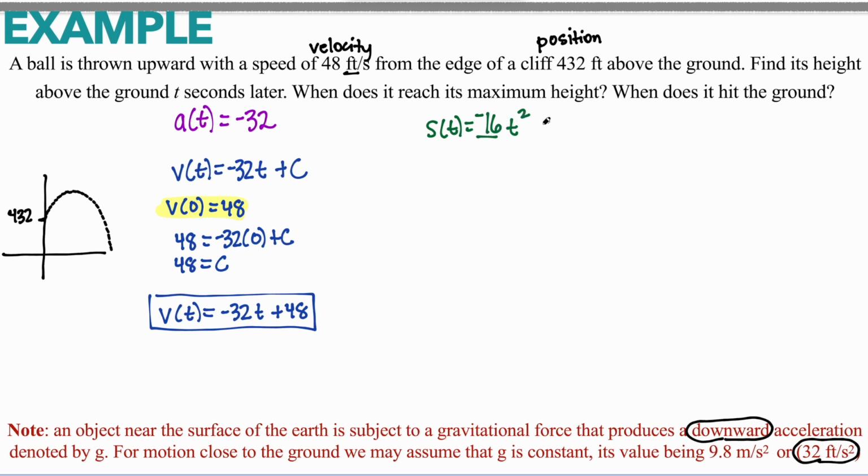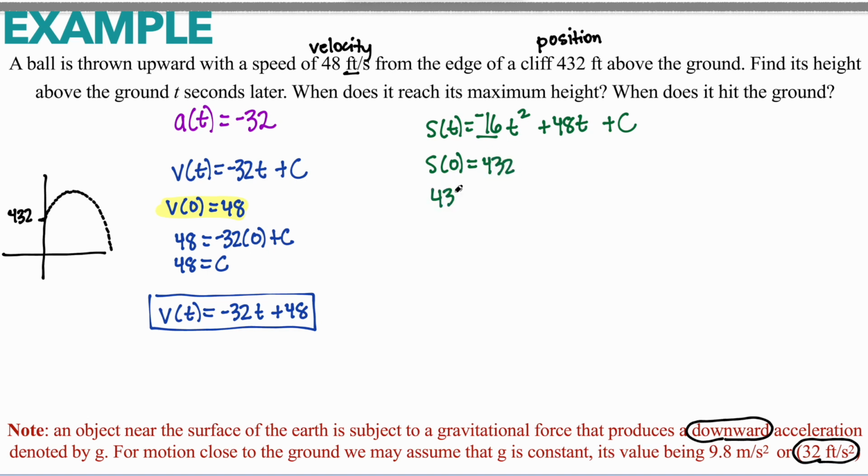And then if that's plus 48, it would have been a positive 48t. And then again, do not forget the arbitrary c. But I know that at my initial time, at the very beginning, right before I throw that ball, I am already 432 feet in the air.